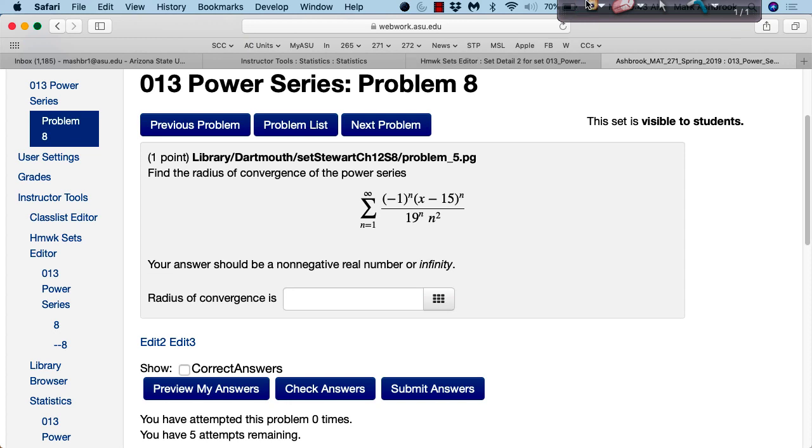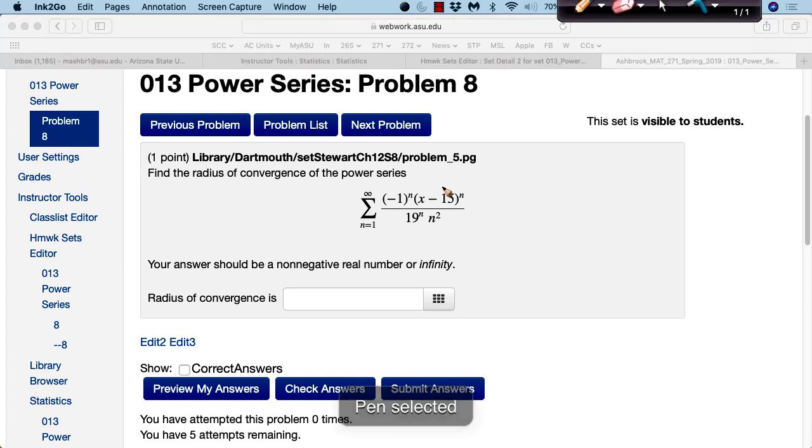So if you look at this, we saw that the ratio test is going to help us determine that. So we're going to use our i.